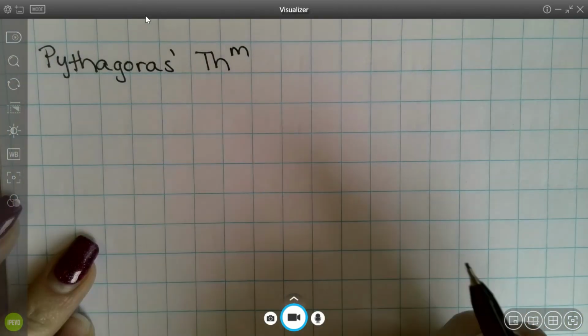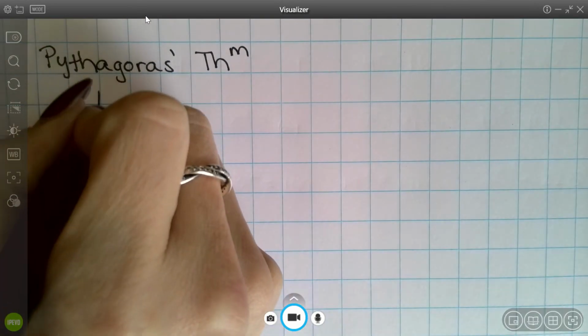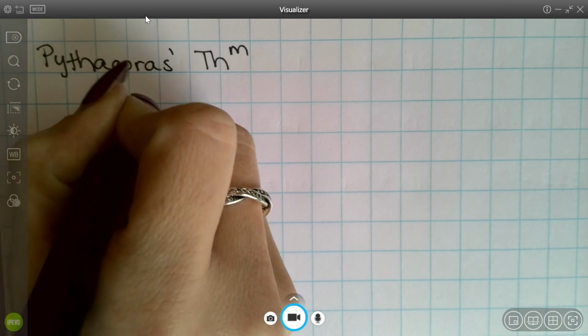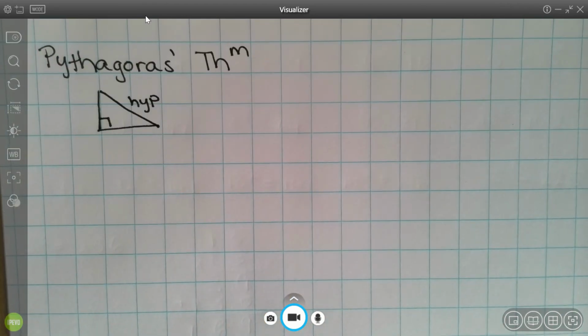So now that we've learned that there is a new side of a right-angled triangle called the hypotenuse, which again is located opposite the right angle, and it's always the longest side, what is the theorem?